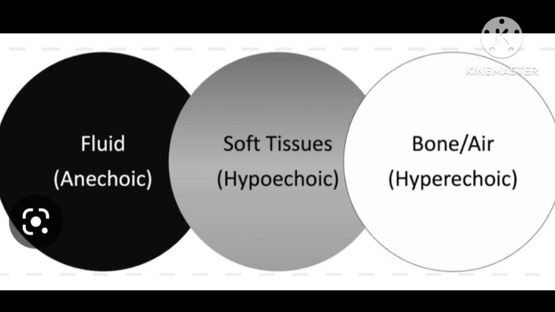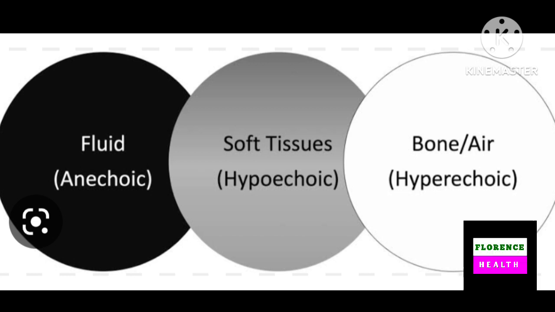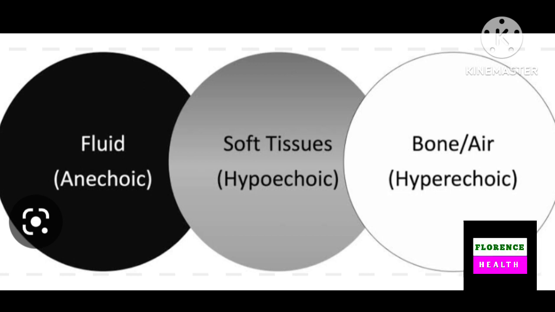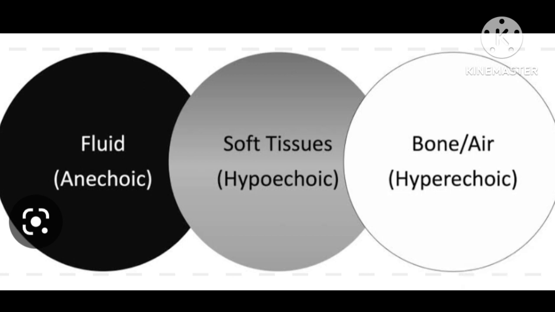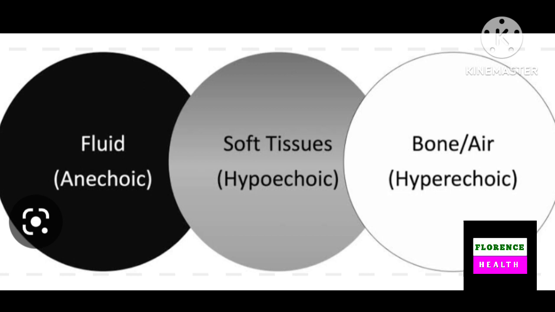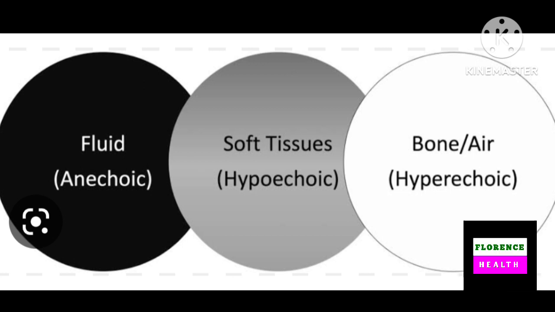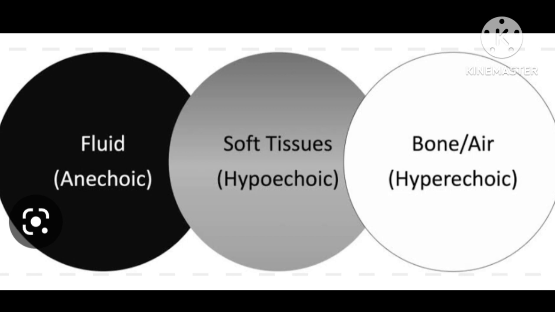Again, a cyst containing clear fluid or gallbladder having clear bile inside are examples of anechoic. Example of hypoechoic is soft tissue. Examples for hyperechoic are bone, air and metal. Anechoic means jet black in color, dark in color, no echo inside.